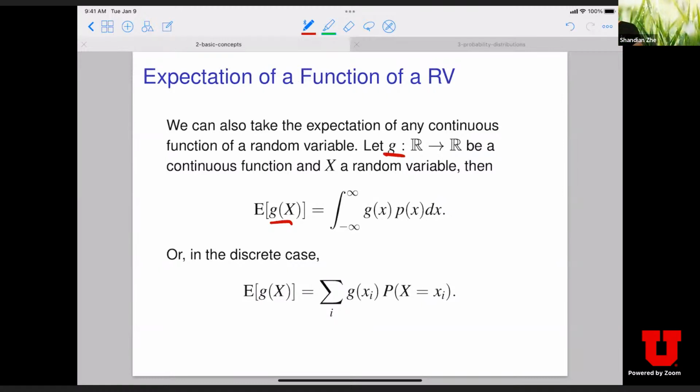You can just integrate the density of x with g of x, rather than treating it as some function y, getting the density of y first and then calculating the expectation of y. That usually will be much more complex.